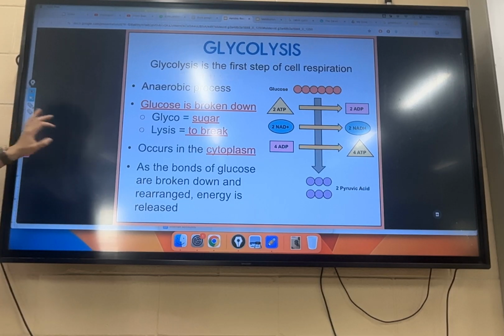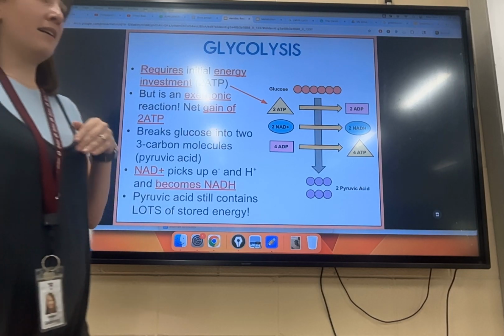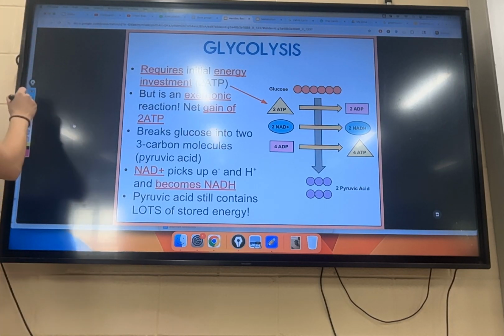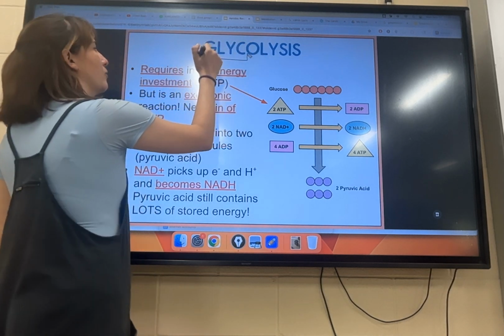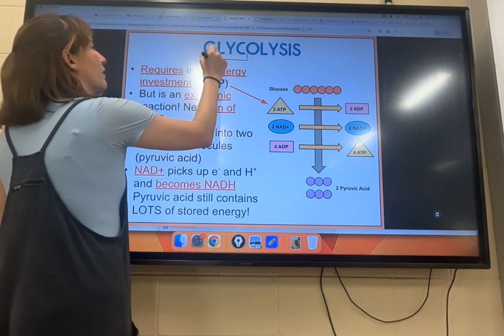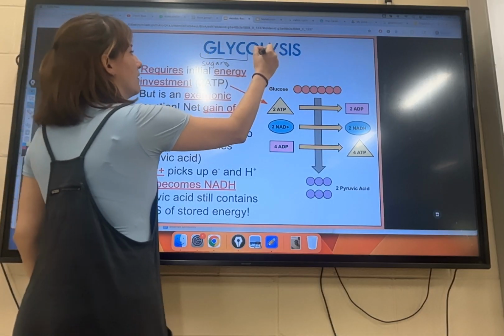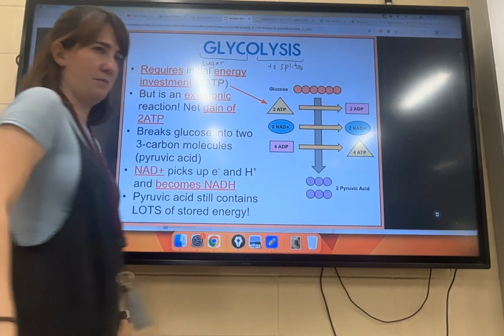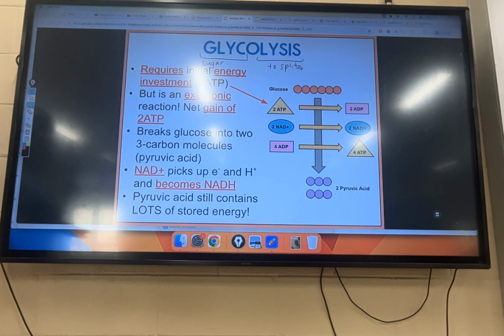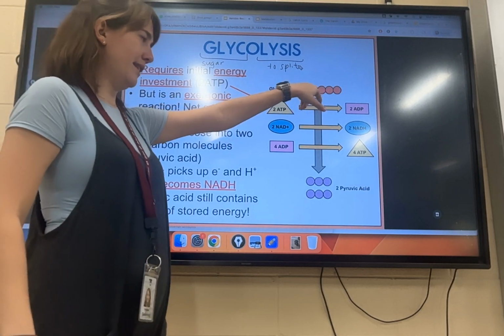All right, so in glycolysis, we have sugar splitting. Glyco, meaning sugar, like glucose or glycogen, and lysis, to split. So in this process, we are literally splitting sugar. In this picture, we've got 6 little circles.